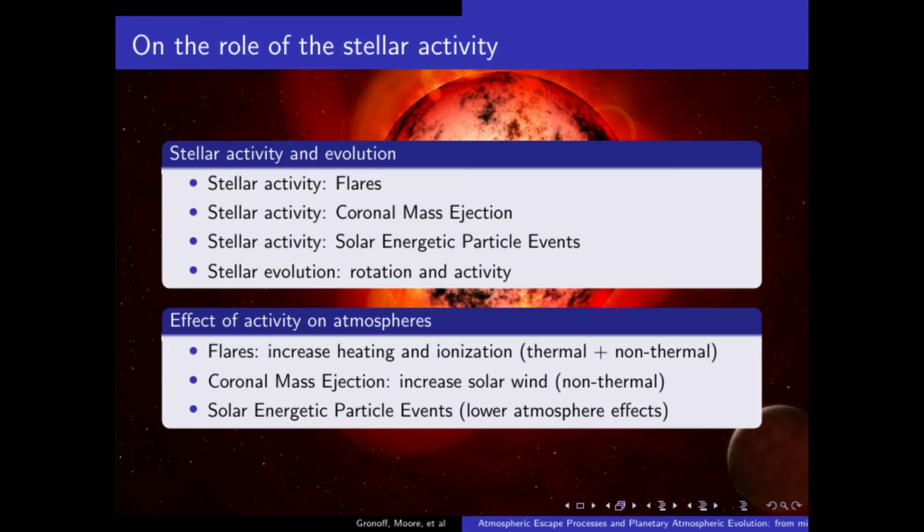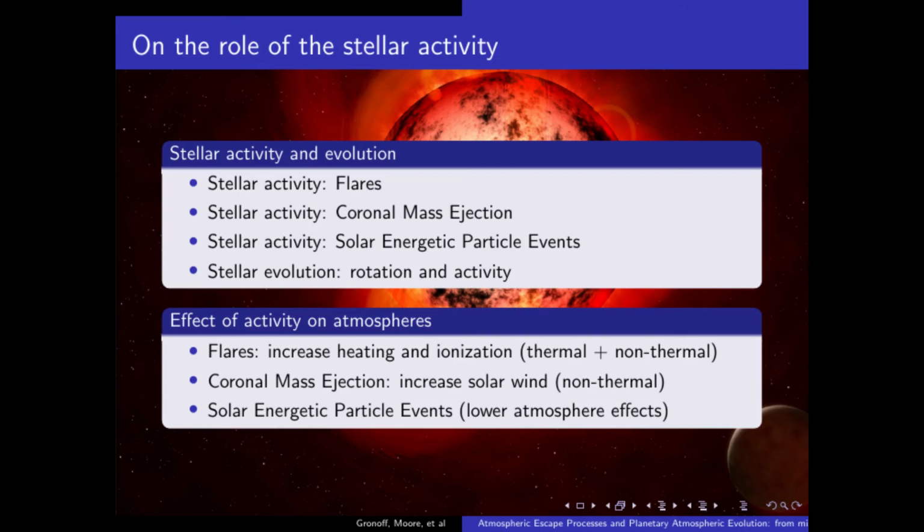We have the problem of the flare, of the coronal mass ejection, and the energetic particle event that have an influence on the heating and ionization at the planet, which then leads to thermal and non-thermal processes. It leads to a higher stellar wind, which brings a lot of non-thermal escape.